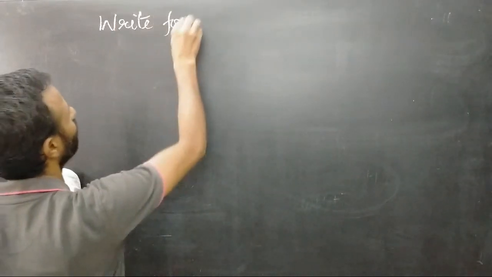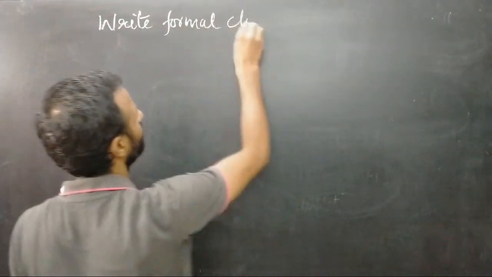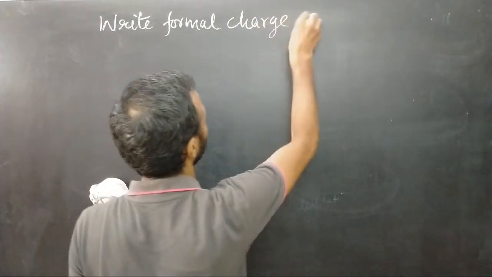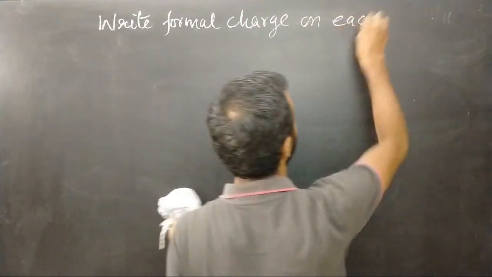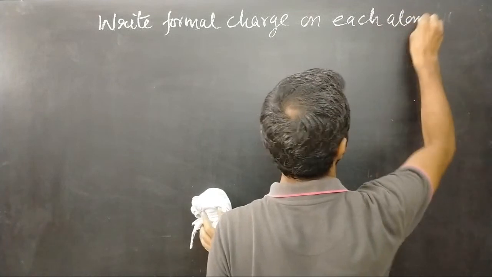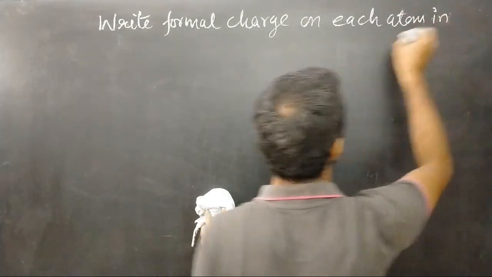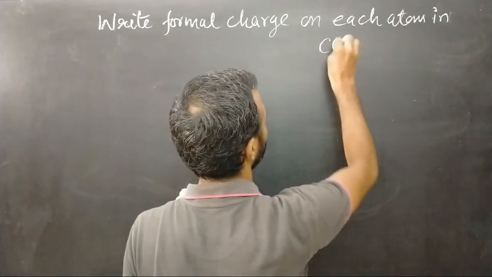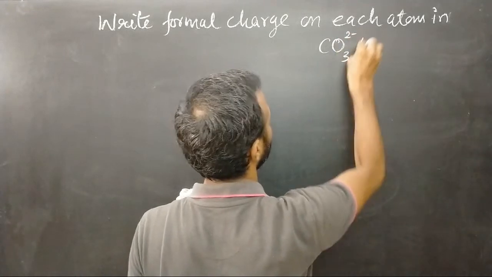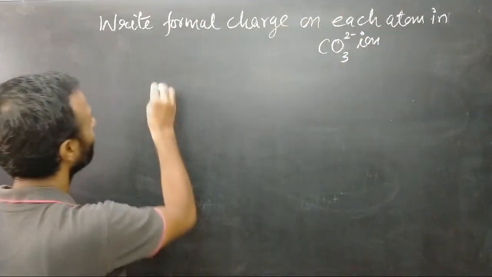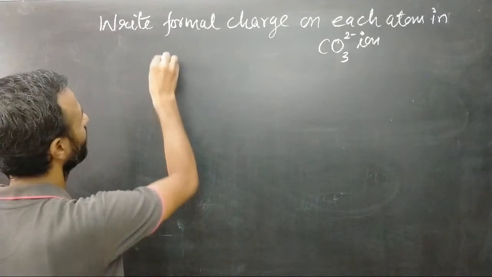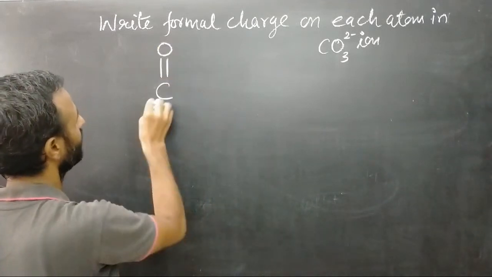As the last exercise, write the formal charge on each atom in the carbonate ion. In carbonate it is like this.